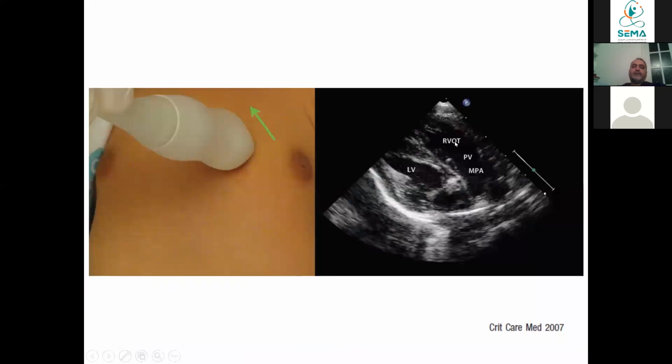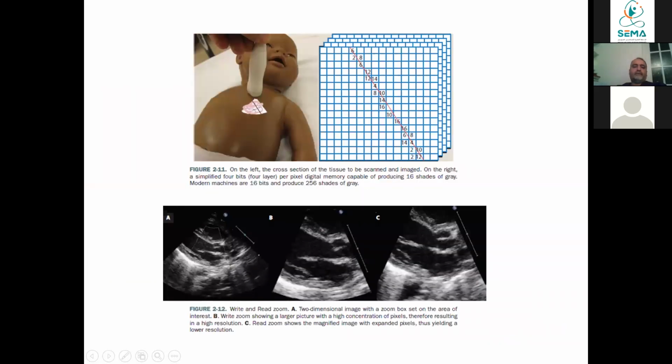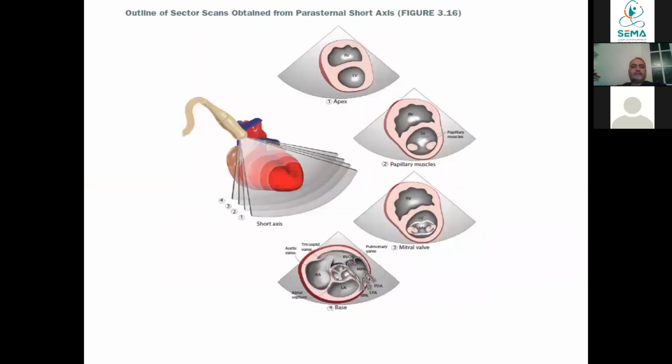You can also see the right ventricle outflow, meaning the pulmonary artery and pulmonary valve, and the bifurcation of the pulmonary artery. This is the right and this is the left, and in relation to the left ventricle. So this is the way how you put the probe and how you see the long axis.